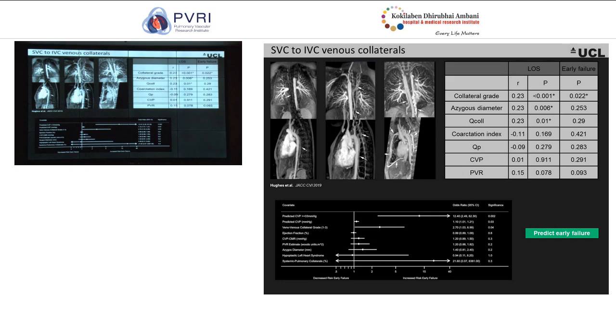The predicted CVP, albeit at a very high level, predicted adverse outcome, either at a threshold level of 33, which is an astronomical level, or just as a continuous variable. So for every increase of 1 millimeter of mercury, there was a 10% increased risk of early Fontan failure.